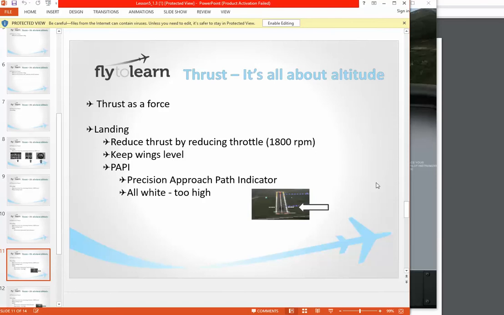If you get a little bit closer to it, you'll see there's actually 4 dots on either side. These dots will change colors depending on if you're coming in at a good altitude or not. If all 4 or 3 of the 4 of these are white, you're coming in too high.